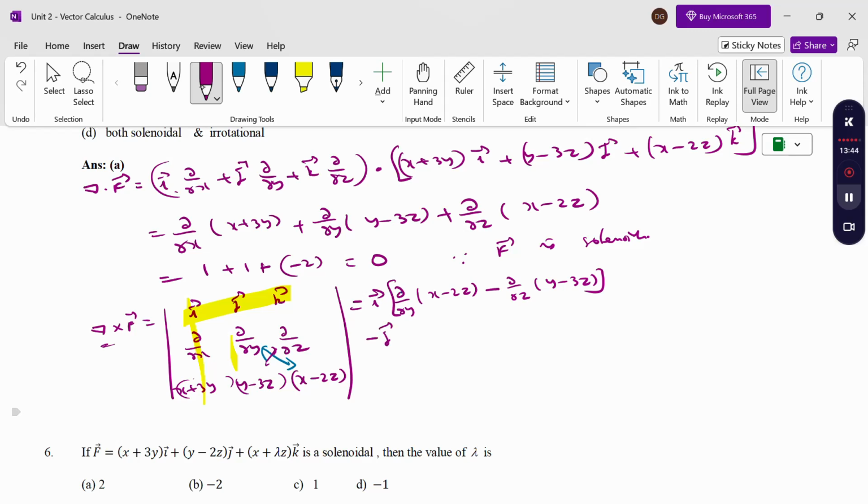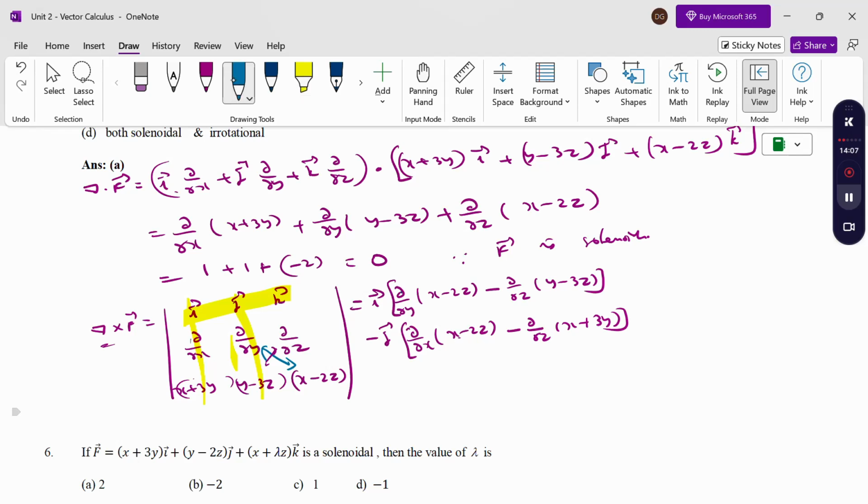Again, when we leave this column and row, ∂/∂x of (x − 2z) minus ∂/∂z of (x + 3y). So this cross multiplication, leaving this column and row, this is a part.